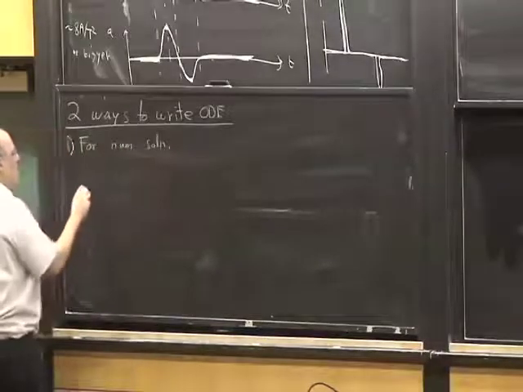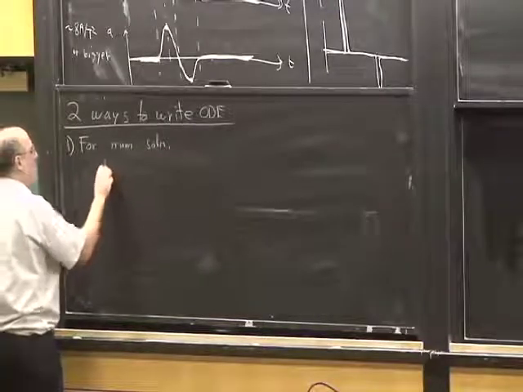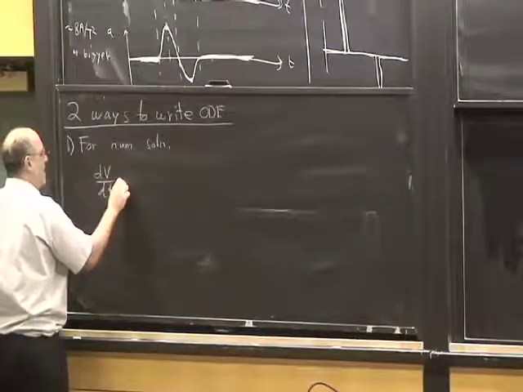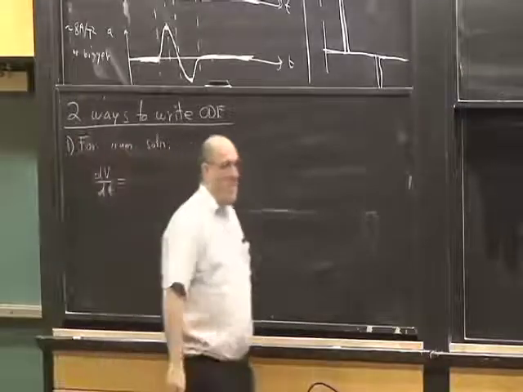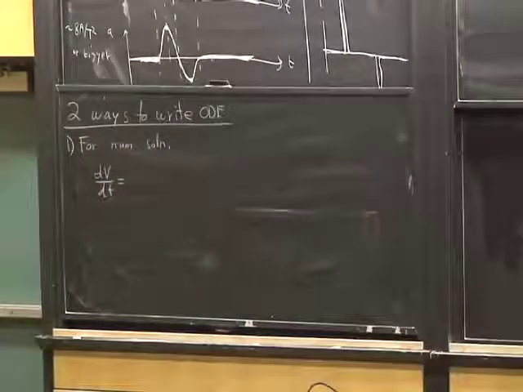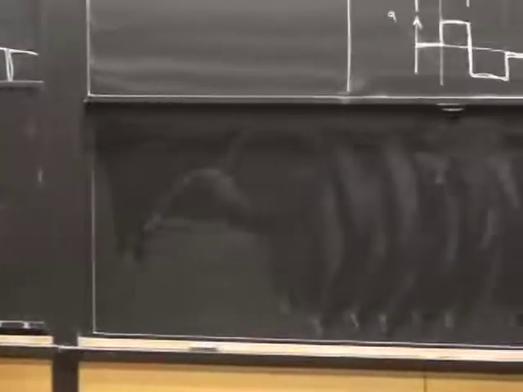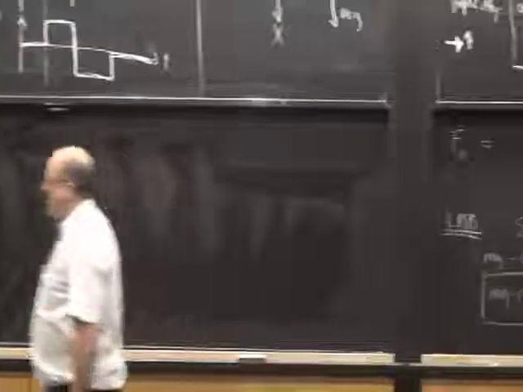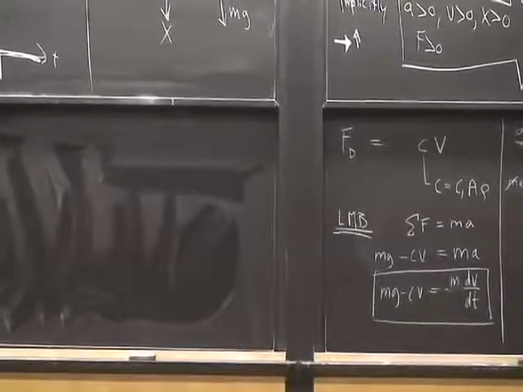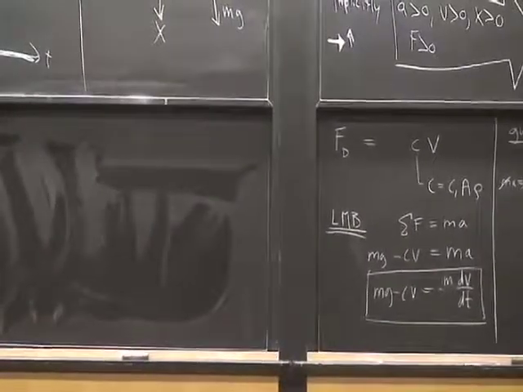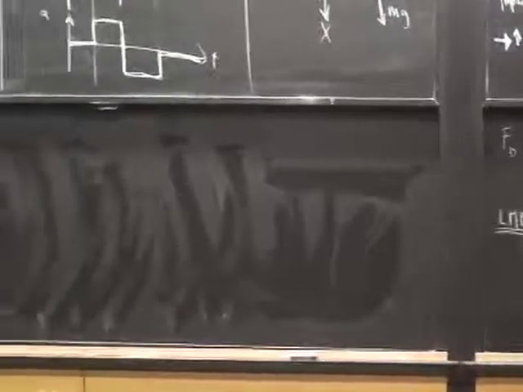For numerical solution, what we'd like to do is write this as dv/dt is equal to, and then we put everything else on the right-hand side. So what's everything else? We have a g minus c over m v. So dv/dt equals minus c over m v plus g.